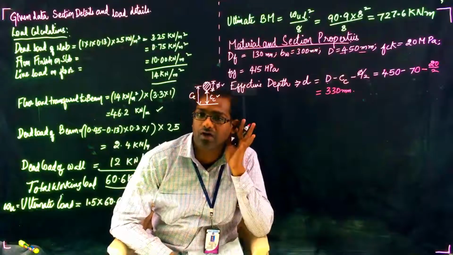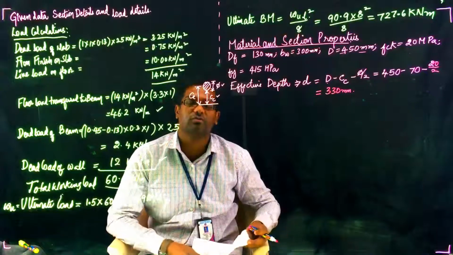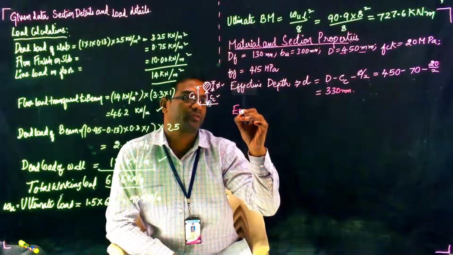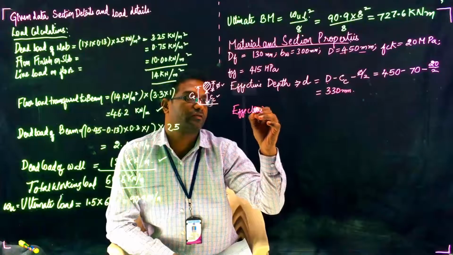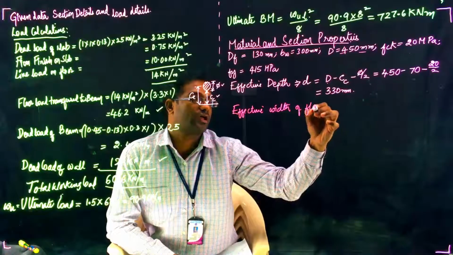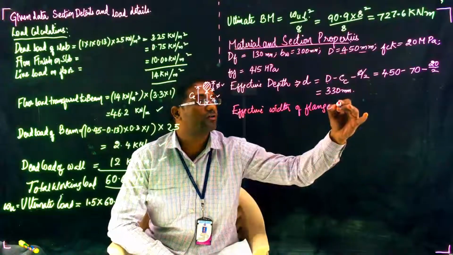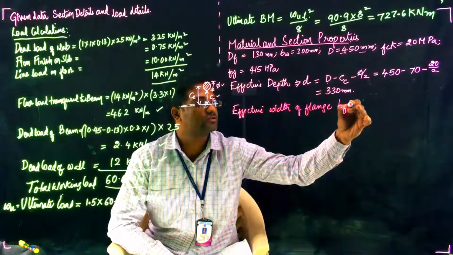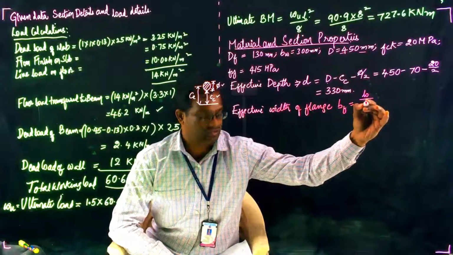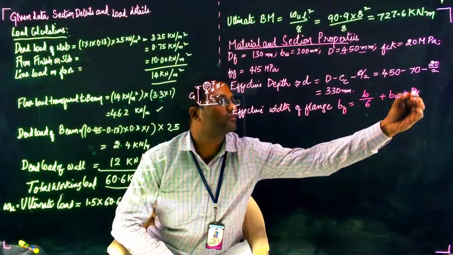Fine. Now we calculate the effective width of flange, which can be calculated using the code book. In the code book, for flange you can refer to the clause given as bf equals L0 by 6 plus bw plus 6Df.